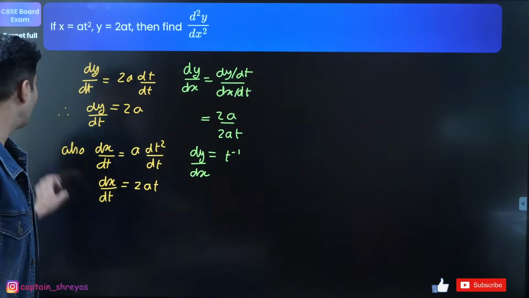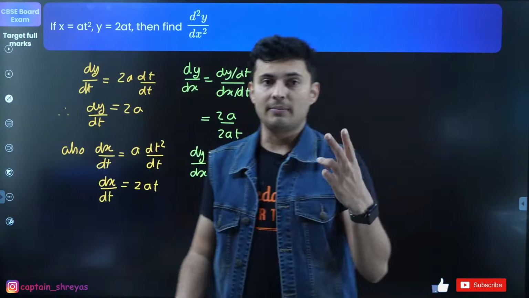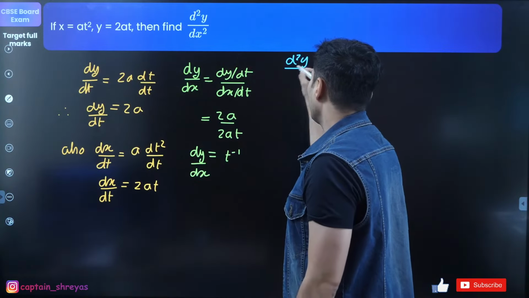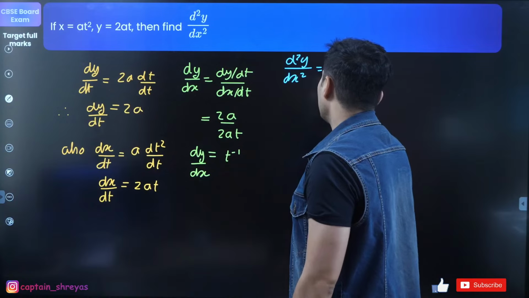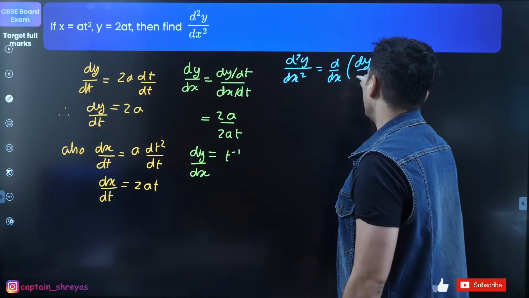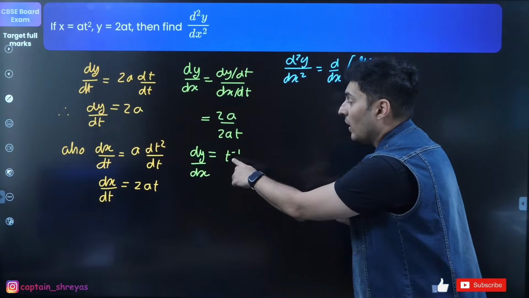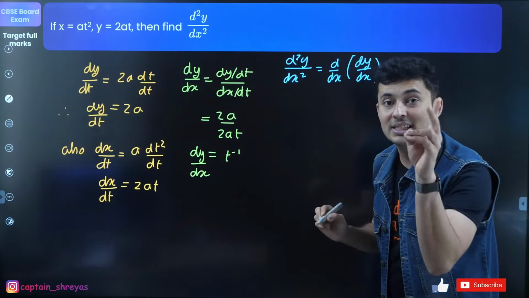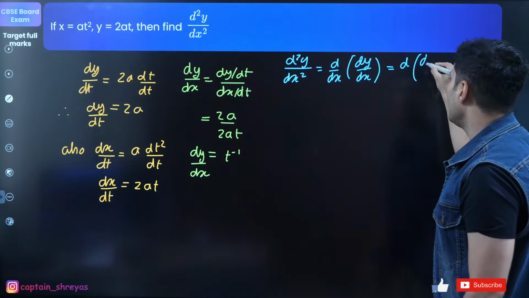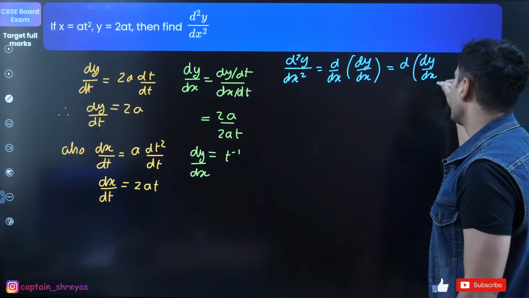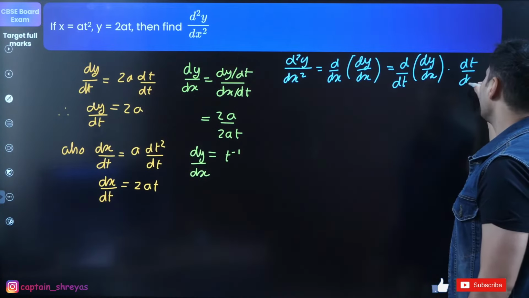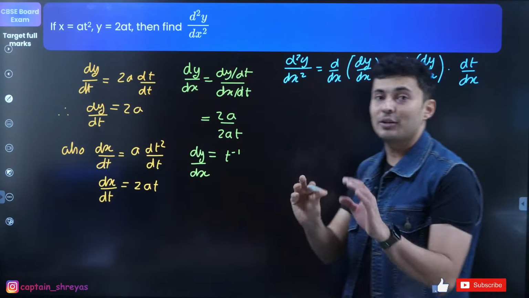But how do I find the derivative the second time? Okay, let's try this out. d square y by dx square is the derivative of basically dy by dx. I cannot do it directly because there is t in the equation, so use chain rule. Observe how I am using chain rule. I'm just writing the derivative of dy by dx with respect to t into dt by dx. dt cancels, it's chain rule.